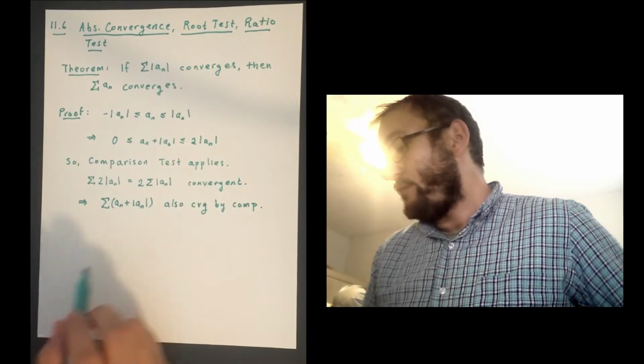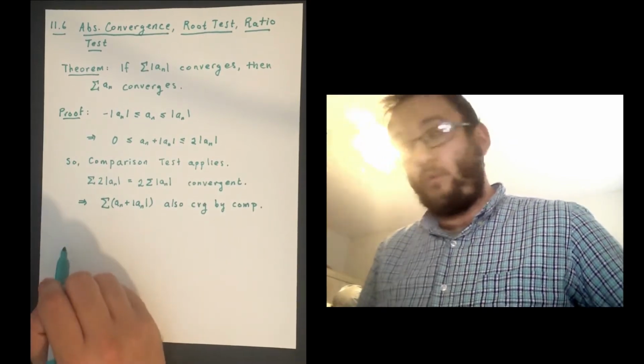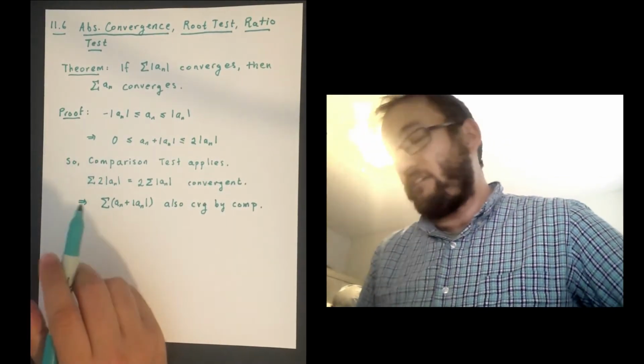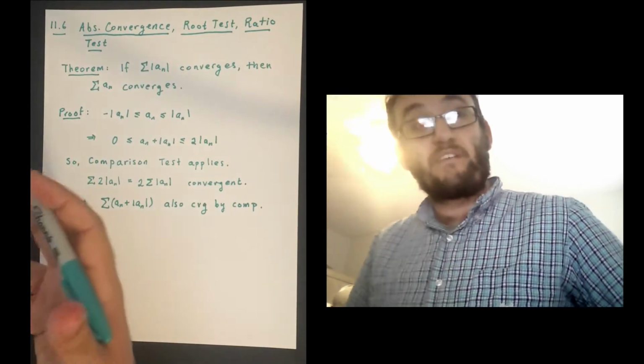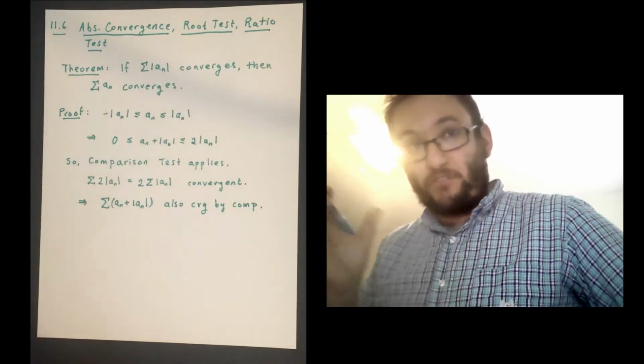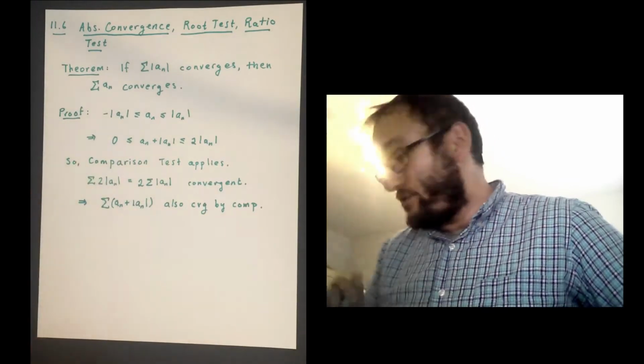Okay. Well, if this is true, one of the other rules of series is that if I have two convergent series, then I can subtract the terms and I'd still get a convergent series.